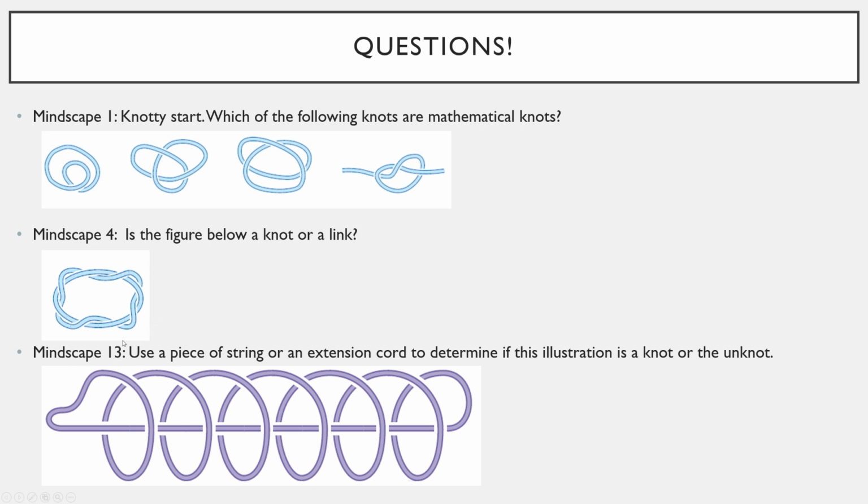All right, so Mindscape 13. Use a piece of string or an extension cord to determine if this illustration is a knot or an unknot. Well, it might look like it is a knot because it has loops, but the main characteristic, and why this is actually an unknot, is you can simply unwind it to get back to an unknot.